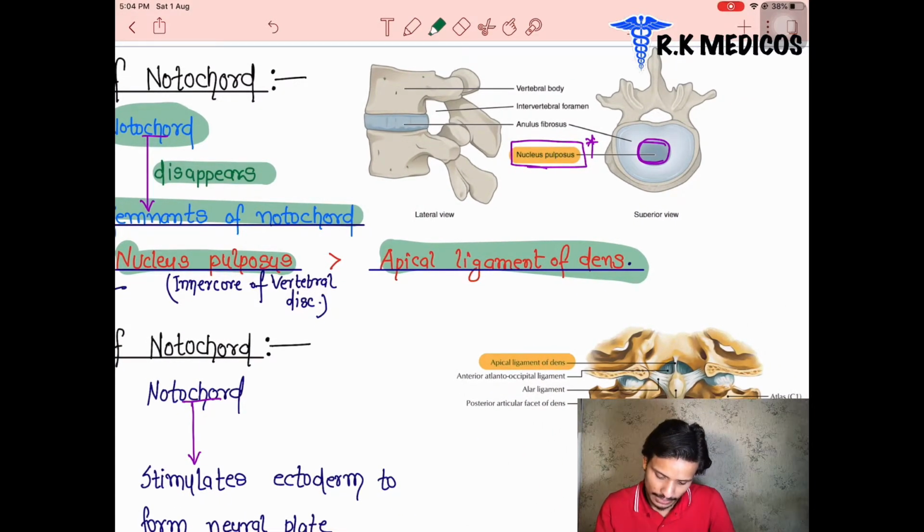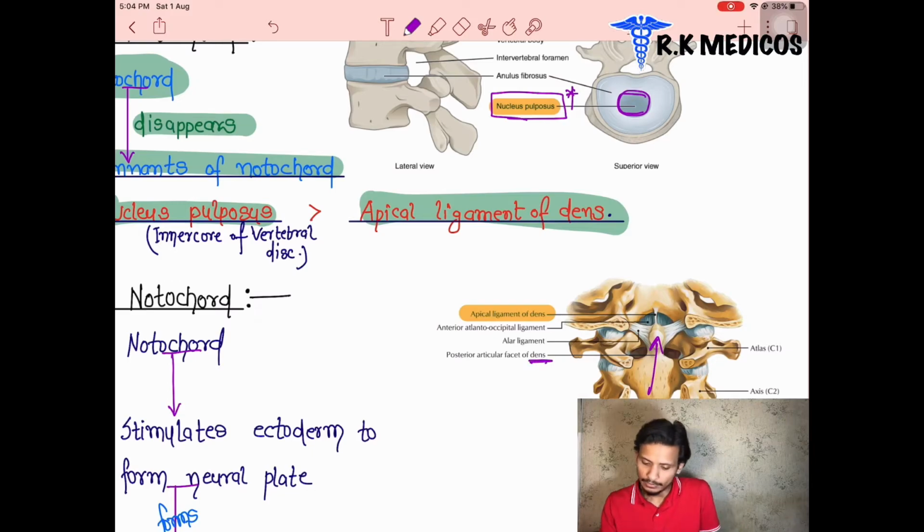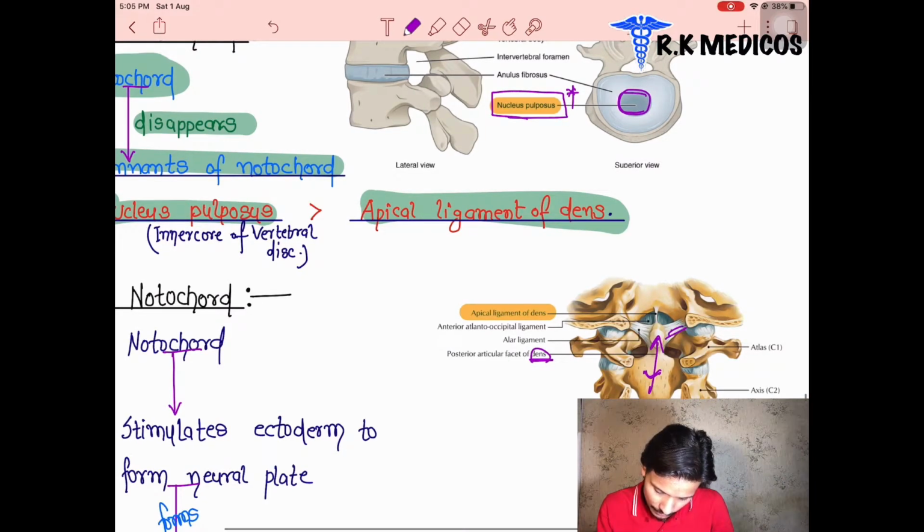And through the dens we can look here. Here is the dens process, and the dens is present on the second cervical vertebra, and this leads to the apical ligament. What ligament is present here? We can see here these are the apical ligaments of the dens. They move upwards.